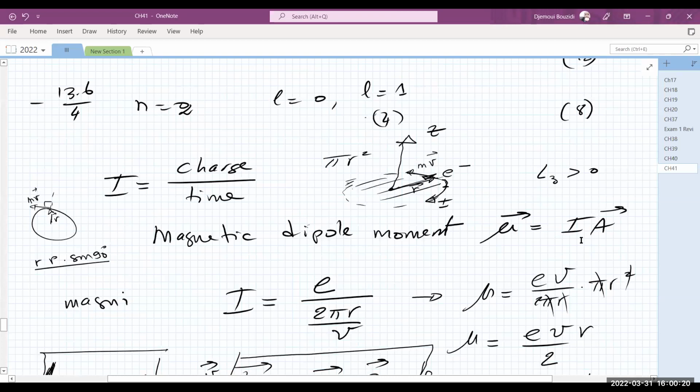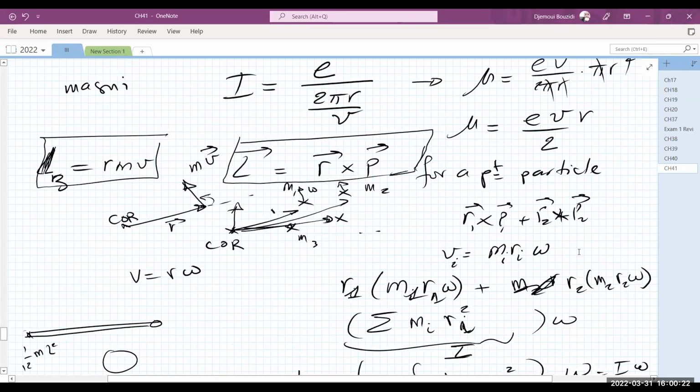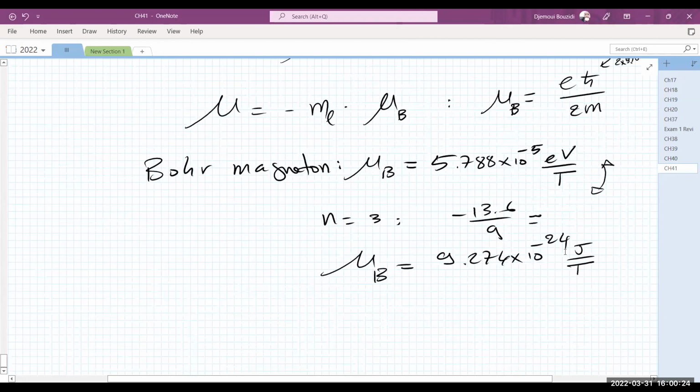Current times area, and the current is in amperes and area in meters squared. Because these units are in SI, this is also another way of expressing it in terms of ampere meter squared. So those are equivalent, both of them are equivalent.